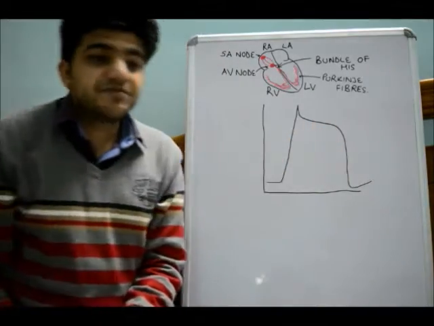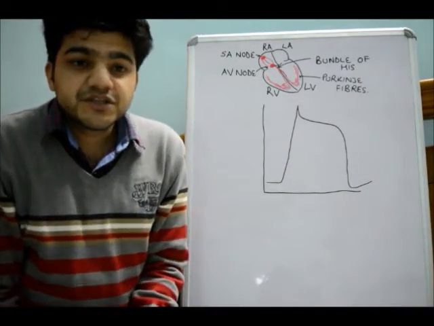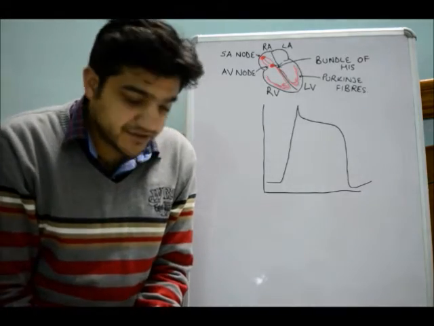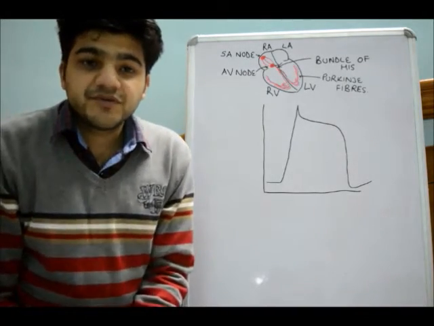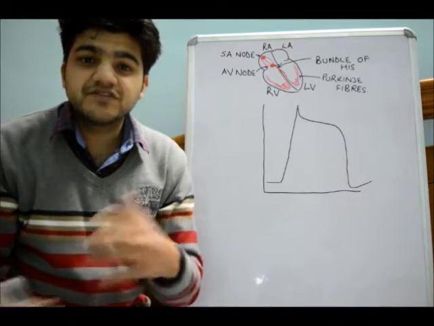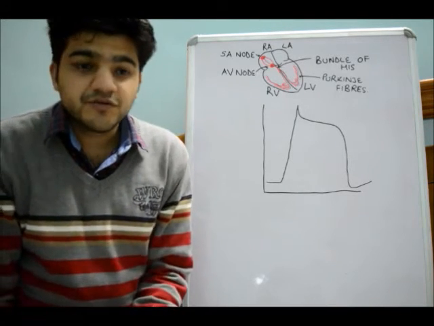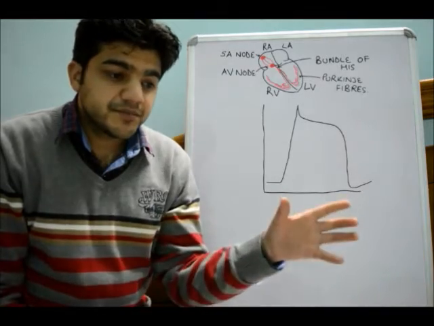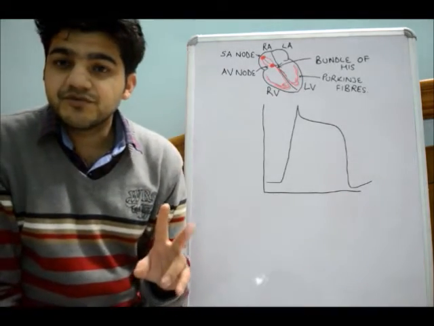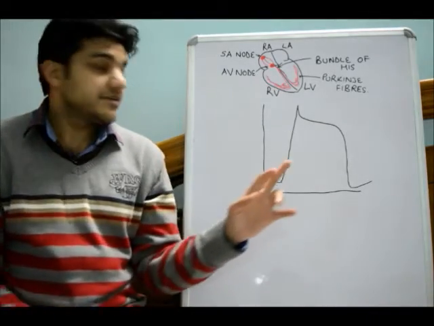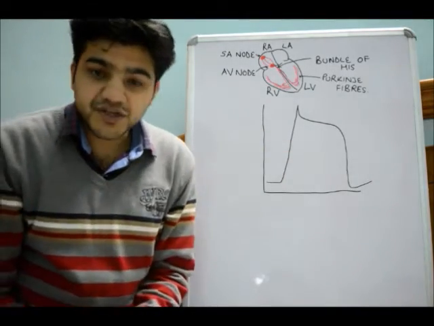Now the basic differences between a nerve action potential and a cardiac action potential is that, what happens in an action potential, there is exchange of ions across the membrane. So in case of nerve action potential, there are only 2 ions which were responsible. One was a sodium ion, and the other one was the potassium ion.